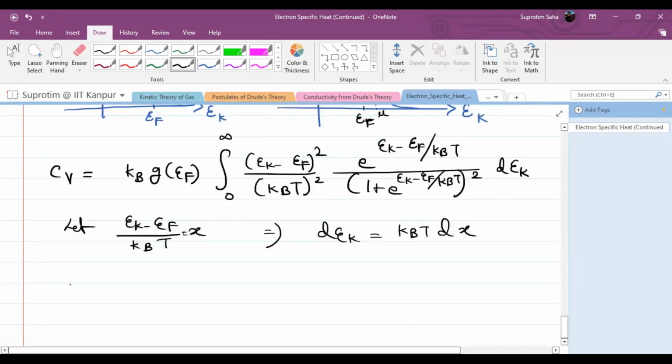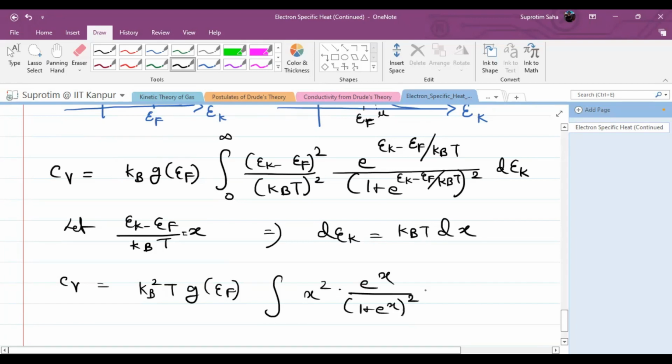So now C_V becomes k_B squared T g of E_F, integral of x squared e raised to x by 1 plus e raised to x whole squared dx.